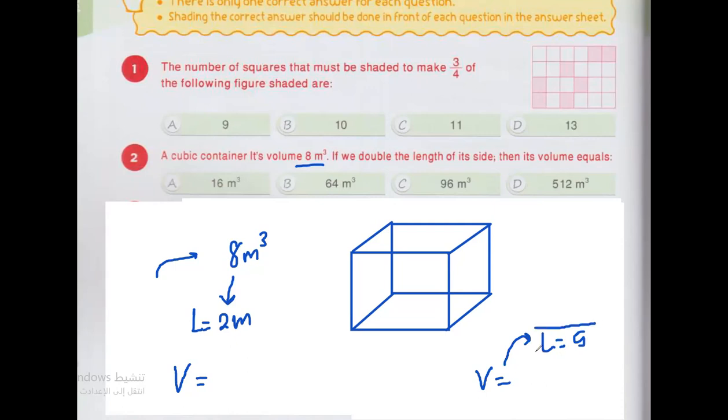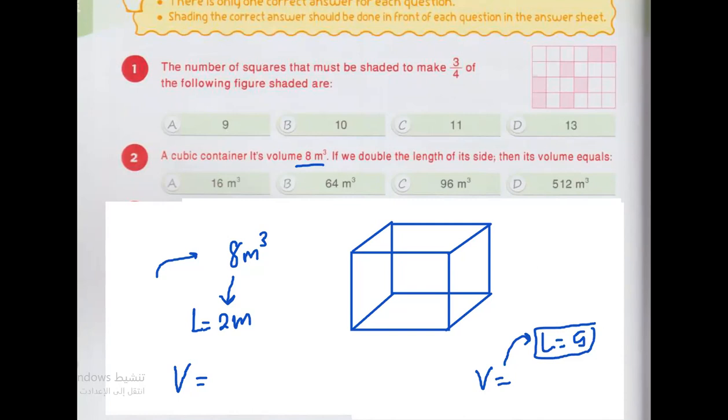So if the length is 5, how do I find the volume of the cube? I'm not sure how to do it. Maybe anybody can tell me how do you find the volume of a cube?